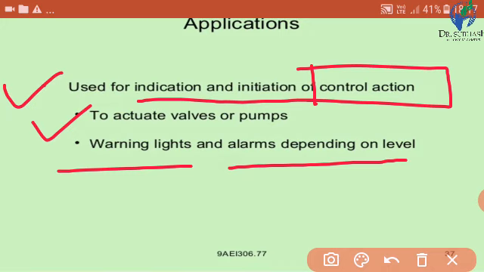See, there are different levels. So at some levels we can use the warning lights, red lights, or if the level increases, then we can use alarm for this, so we can perform necessary actions for this level. So these are the applications of this type of transducer. Thank you.